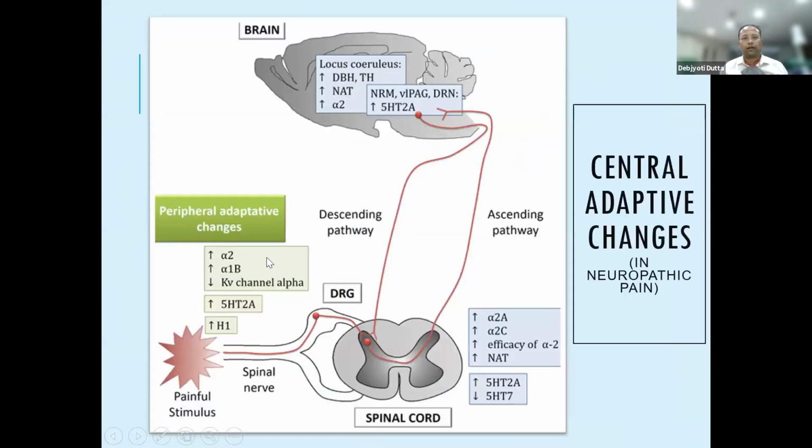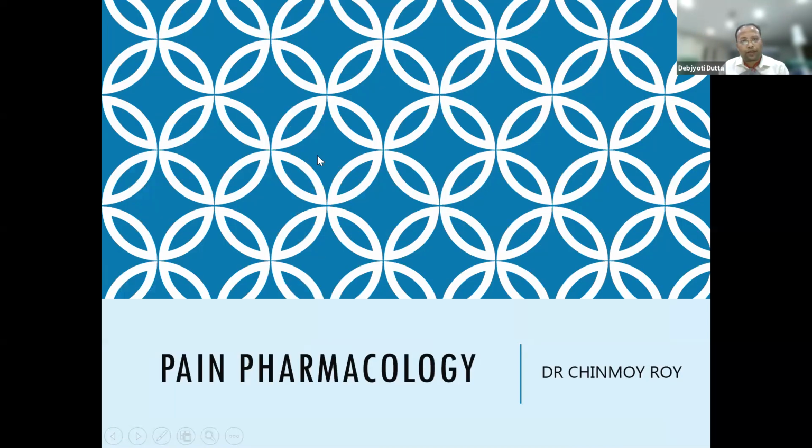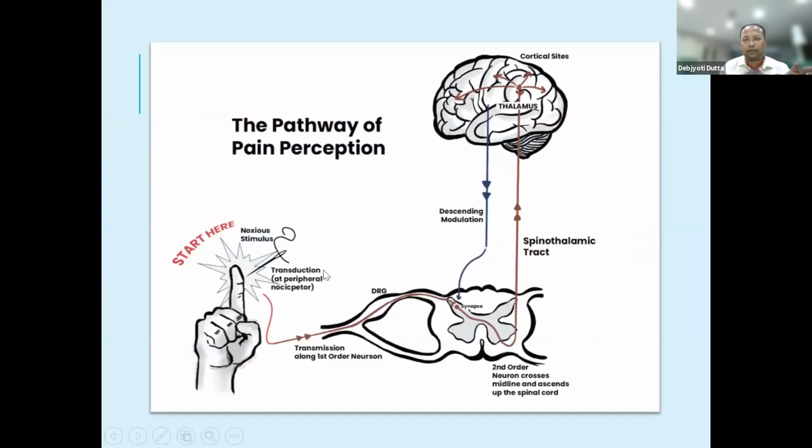In the pain pathway there are three main parts. One part is transduction: when there was an injury, chemicals were released from a chemical reaction and then electrical activity started. This was the transduction area.